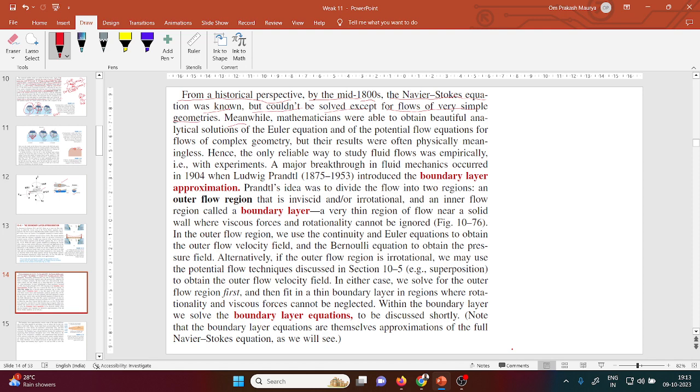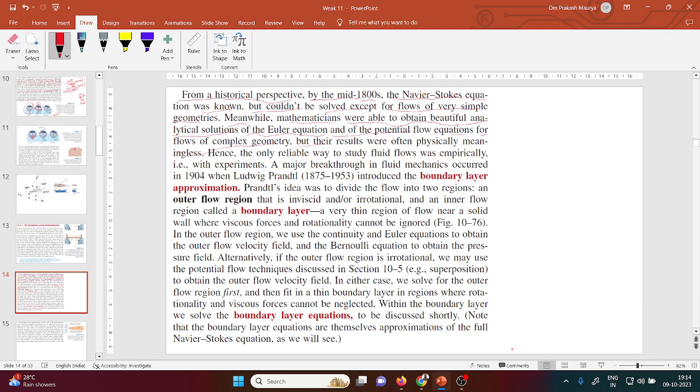Meanwhile, the mathematicians were able to obtain beautiful analytical solutions of the Euler equations and of the potential flow equations for flow of complex geometry. Complex geometry solutions were possible using the Euler equation and the potential flow.